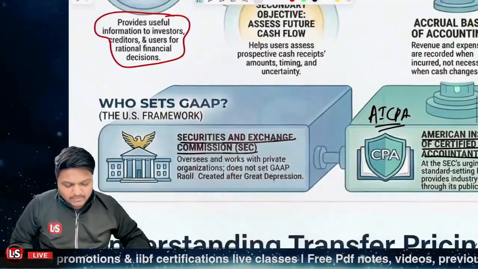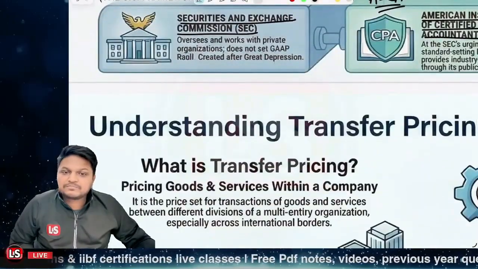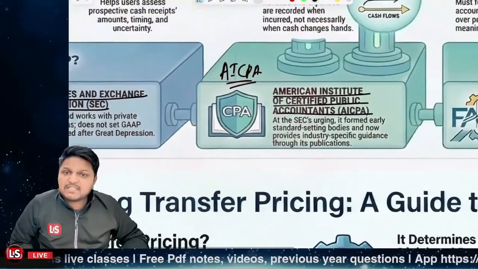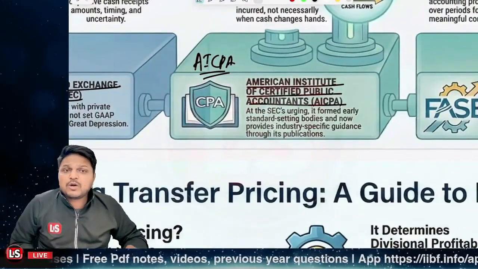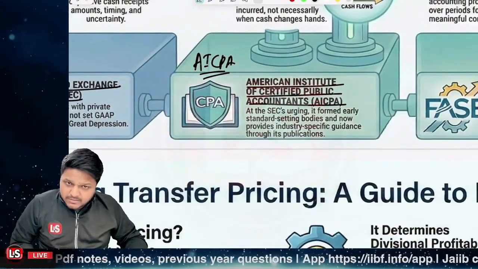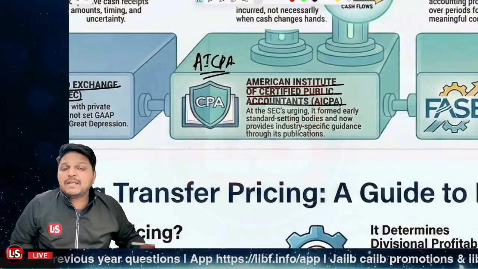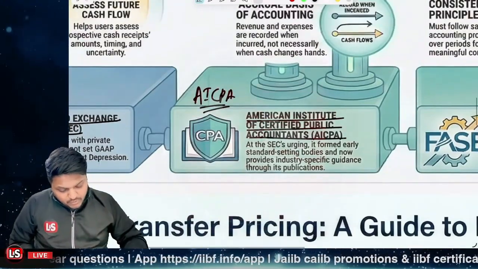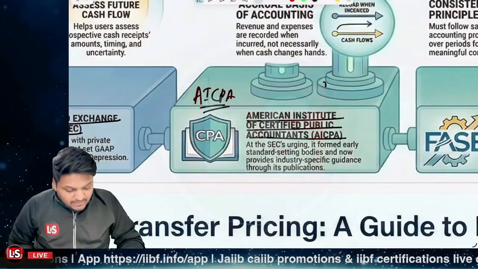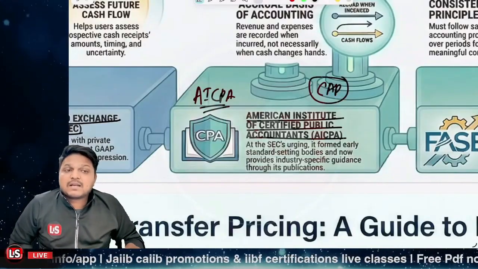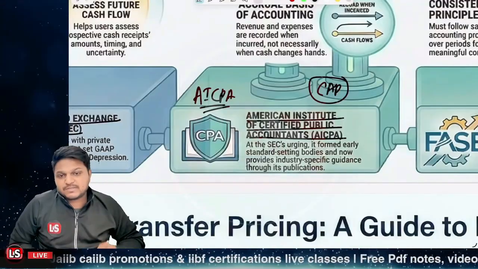That is to be taken on record. Is this point clear to you? And what is the AICPA? The AICPA is the American Institute of Certified Public Accountants, right? And the AICPA actually appointed the Committee on Accounting Procedures. So CAP, the Committee on Accounting Procedures, was basically set up by the AICPA, right?